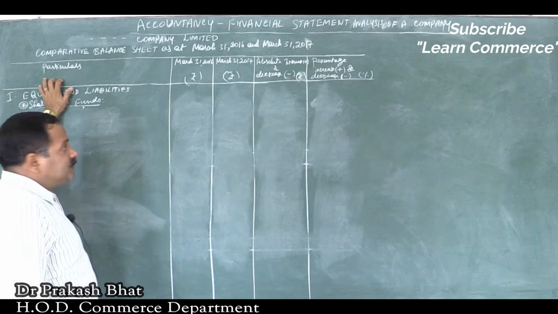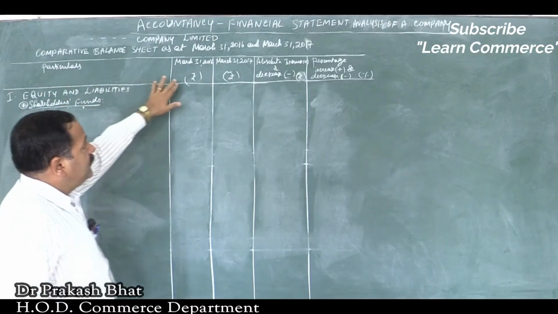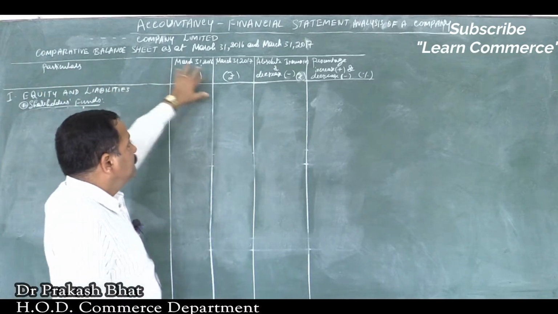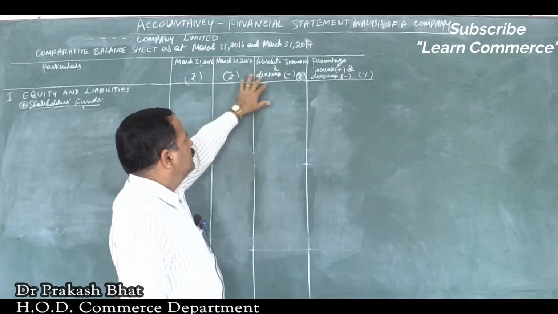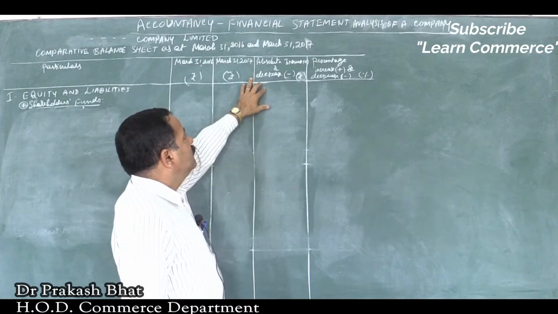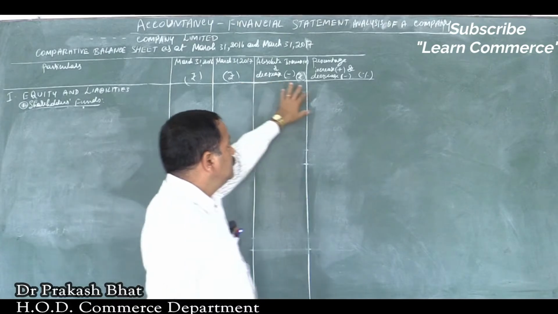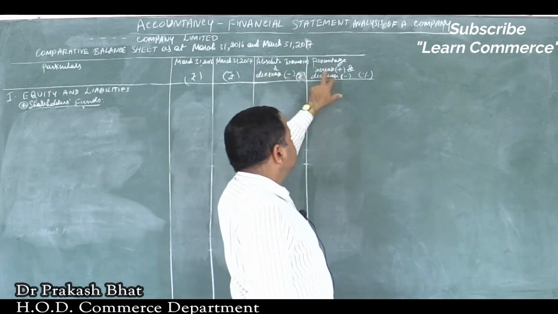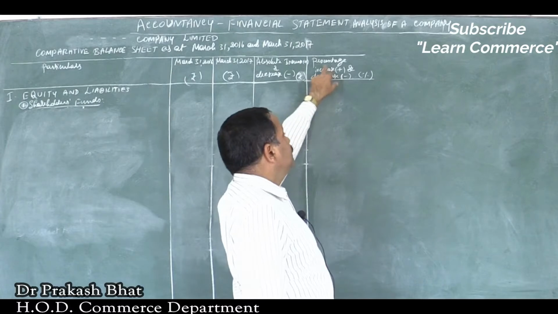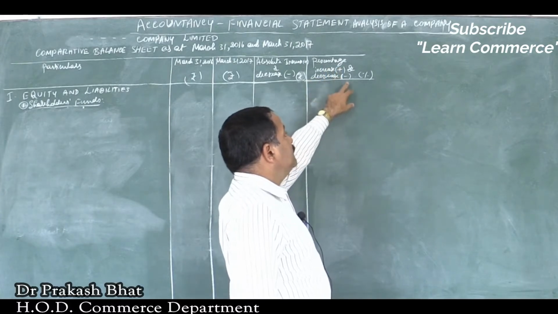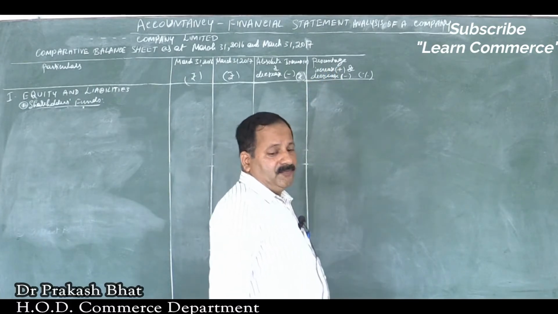Columns: particulars, March 31st 2016 rupees, March 31st 2017 rupees, absolute increase or decrease, increase plus, decrease minus rupees, then percentage increase or decrease, increase plus and decrease minus percentage.